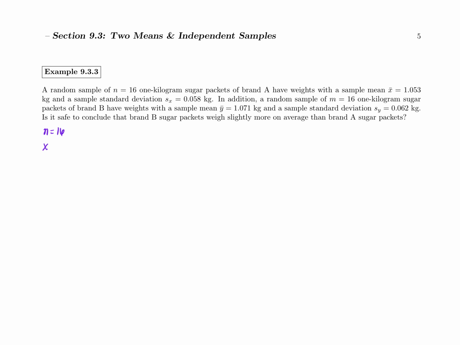X bar is 1.053 kilograms. And S sub x is 0.058 kilograms. We also have that M is 16. Y bar is 1.071. And S sub y is 0.062. And these are kilograms.